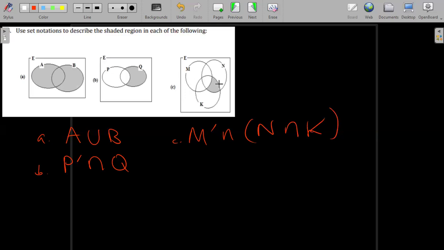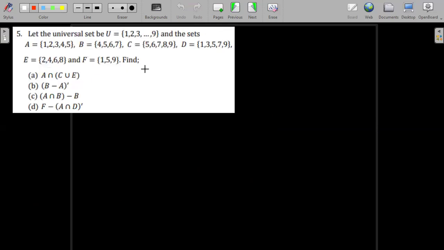Okay, so let's go on further to do the next question. Here we're saying let the universal set be 1, 2, 3, 4, 5, 6, 7, 8, up to 9.